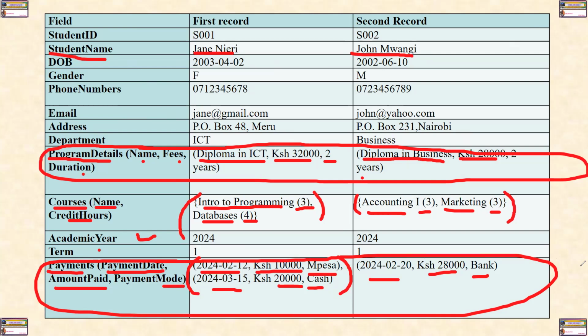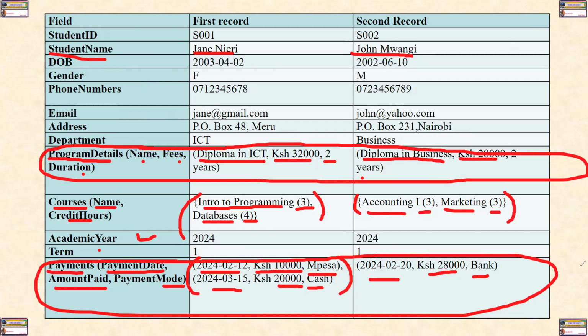We lose all the information concerning the payments. So a slight error in this file, removal of the payments field only, will make the institution lose all that information concerning payments. So these are some of the issues that we see in an unnormalized table.